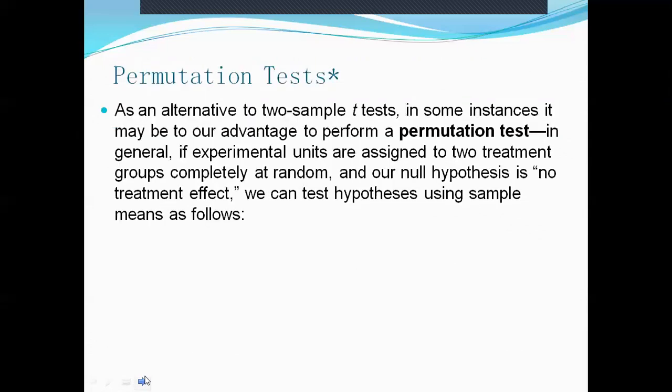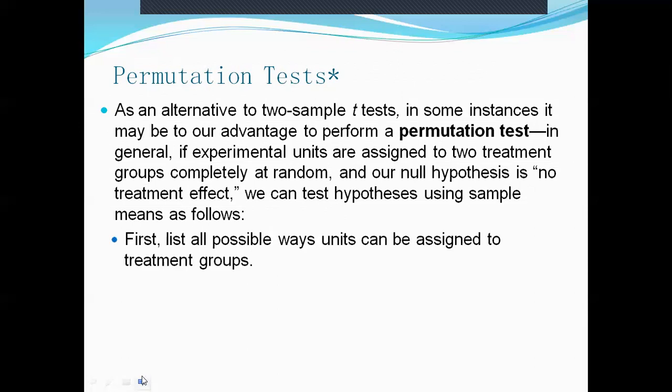As an alternative to two-sample t-tests, in some instances it may be to our advantage to perform a permutation test. In general, if experimental units are assigned to two treatment groups completely at random and our null hypothesis is no treatment effect, we can test the hypothesis using sample means as follows.